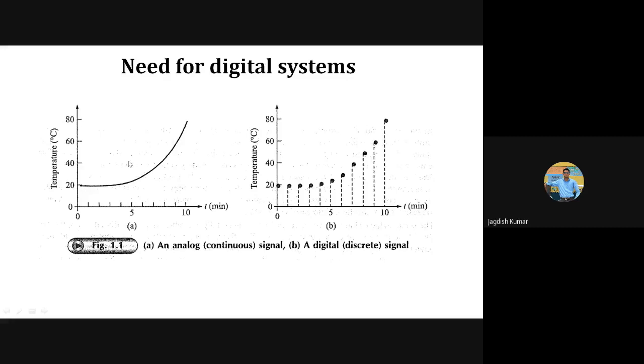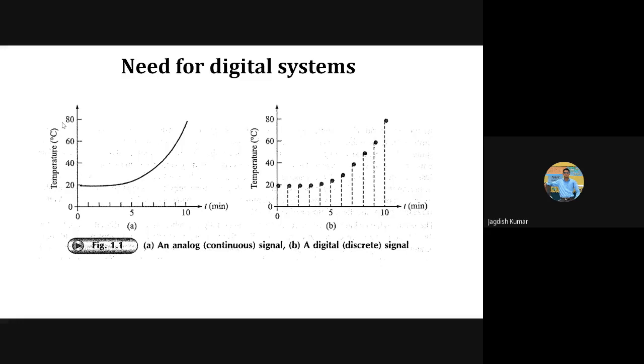This one figure shows an example: suppose you have a sensor mounted in a room, and that sensor is measuring the temperature of the room. And then suppose you start heating up the room, then what will happen? The temperature of the room will start to rise. This is not exactly for a room, because a room can't go all the way to 80 degrees. It is something like a sensor mounted into a water container, and we are heating the water container and trying to measure the temperature with the help of the sensor.